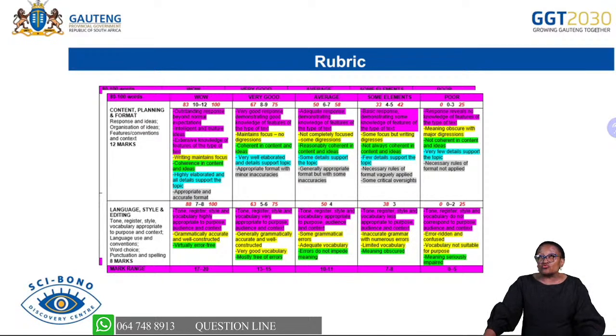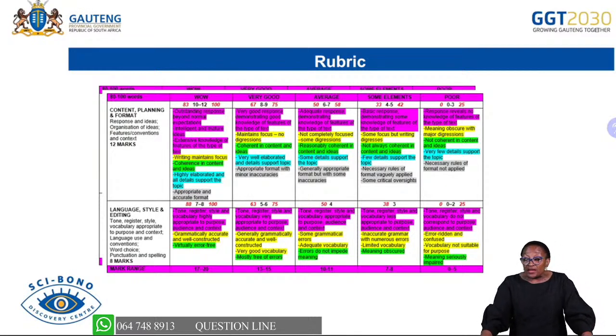In this category, you would not clearly focus on the brief, but you would only have some elements that support the brief, whereas other elements would not be in line with the brief. So we would find some kind of digression there, and that is called elementary. And lastly, we have the inadequate category, or in some instances, they call it the category which falls under poor performance.